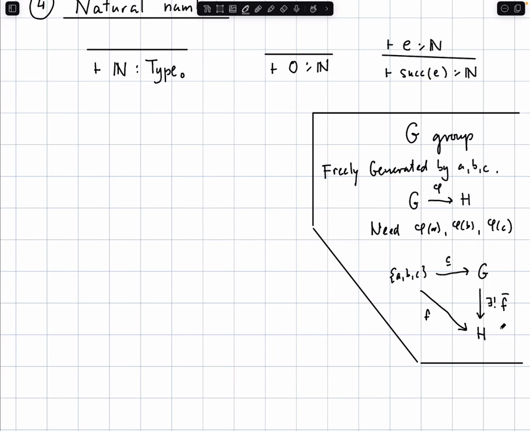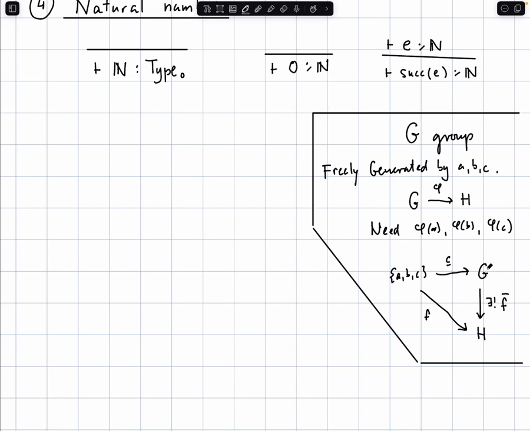So it has to be about functions going out of natural numbers. First of all, just like with homomorphisms, to describe what it means for a group G to be freely generated is to explain how to make homomorphisms from G, as opposed to into G. So that's what we want: something that explains how to make maps out of natural numbers.